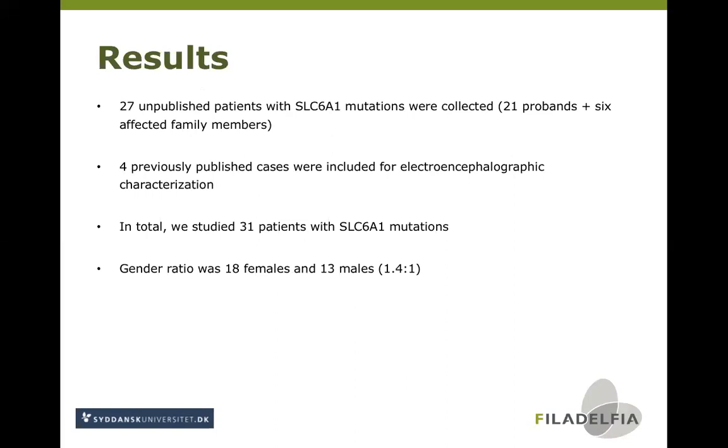So in total, we studied 31 patients. And the gender ratio was 18 females and 13 males, so not really a significant skewing there. So the female overload from the Carville paper was probably due to a small cohort or something.